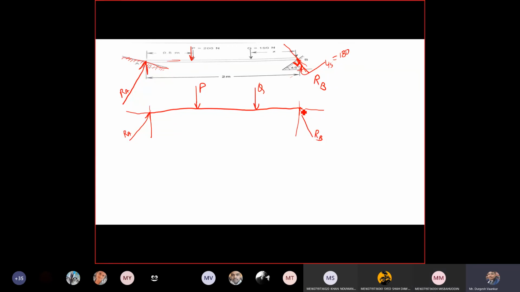With respect to horizontal it is 45. Is it clear or not? Any doubt? With respect to horizontal it is making 45. What about this angle? It is also 45. Either equation here or here, it is the same.